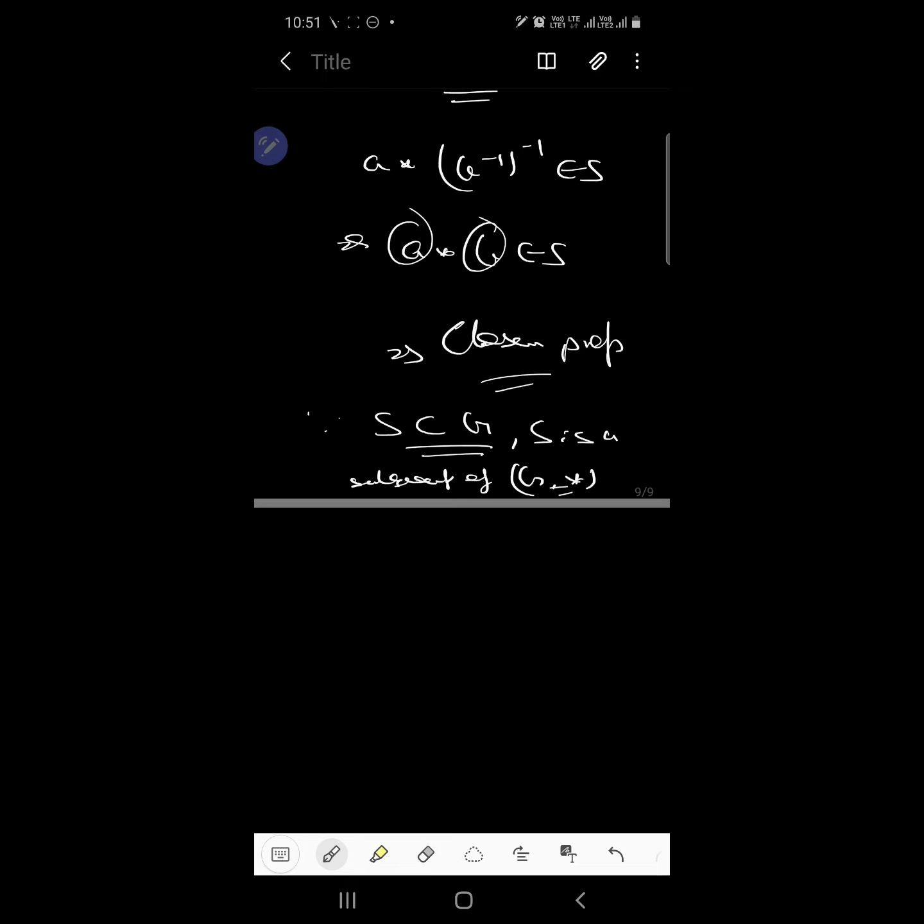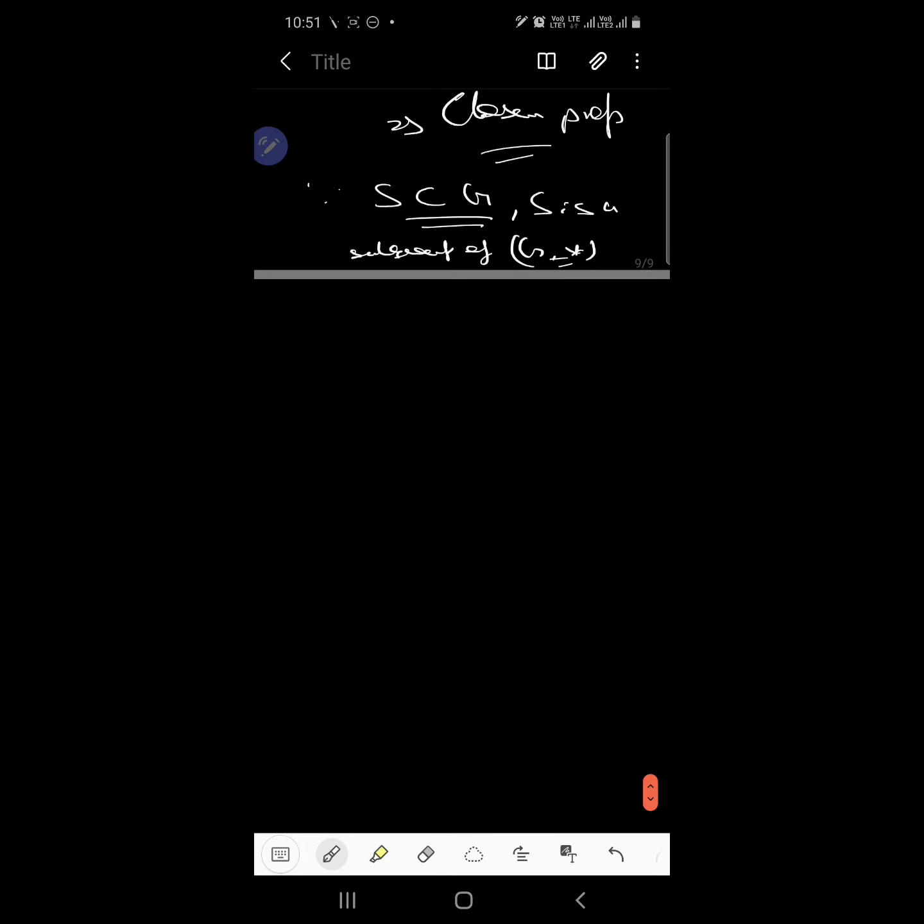Okay, this portion is pretty clear. Got it, guys? We have two more theorems left, which are very important to understand.